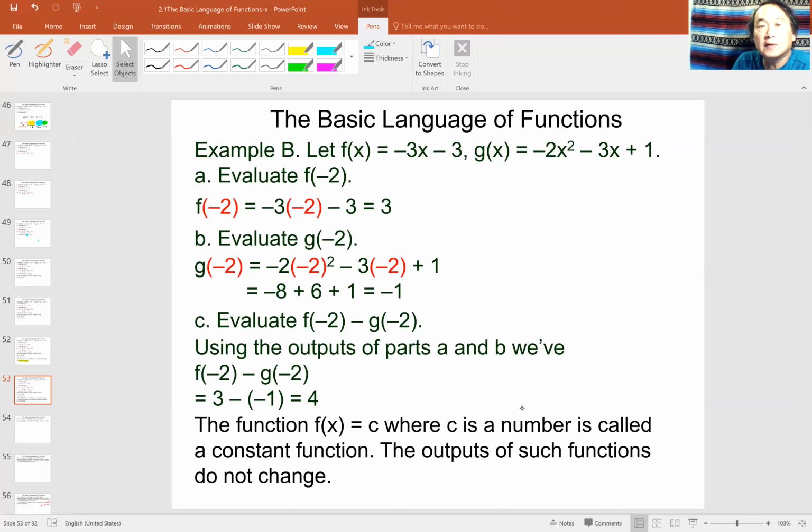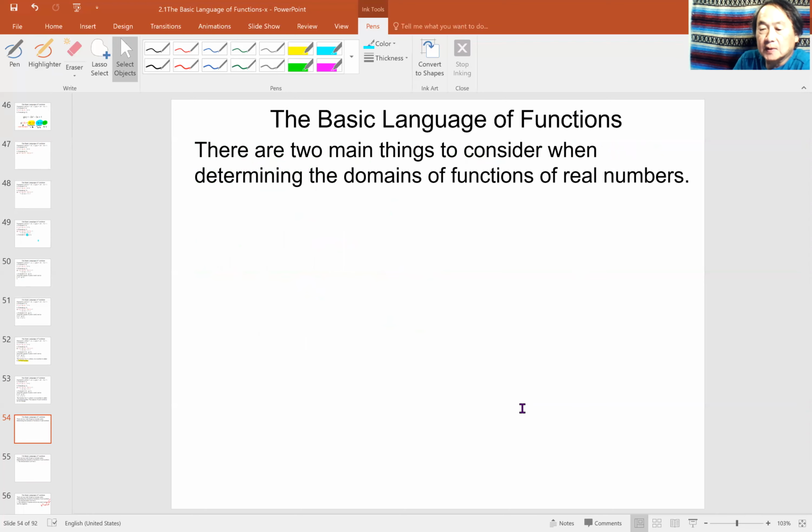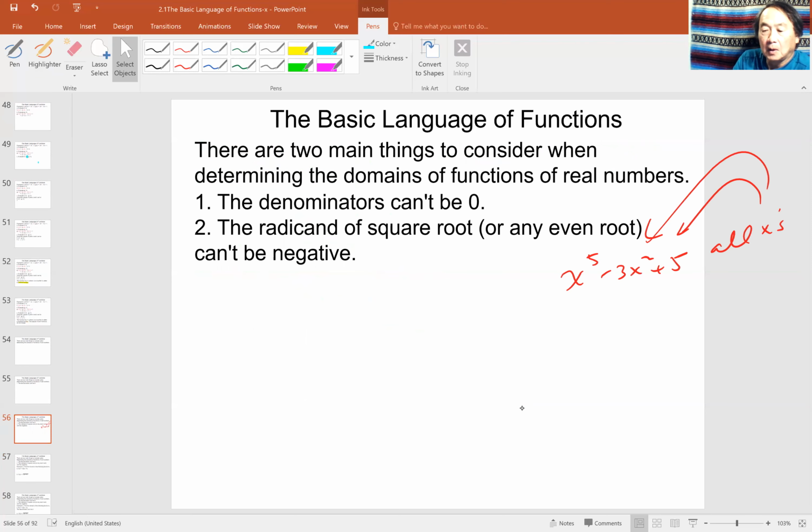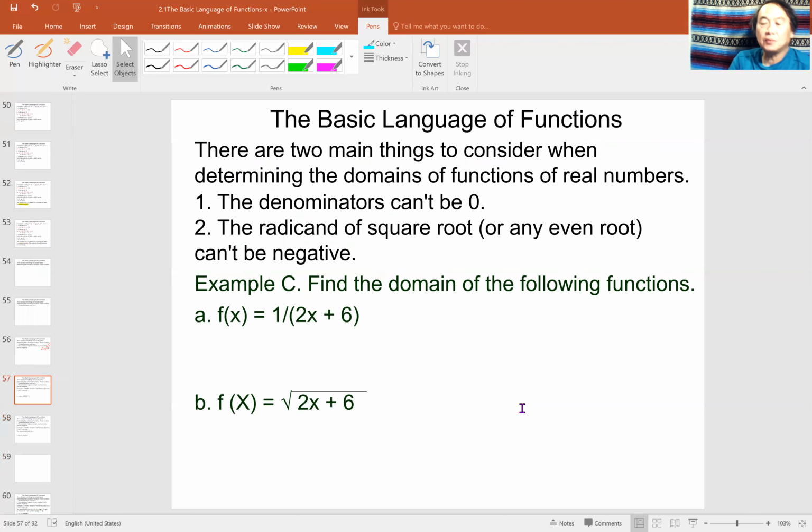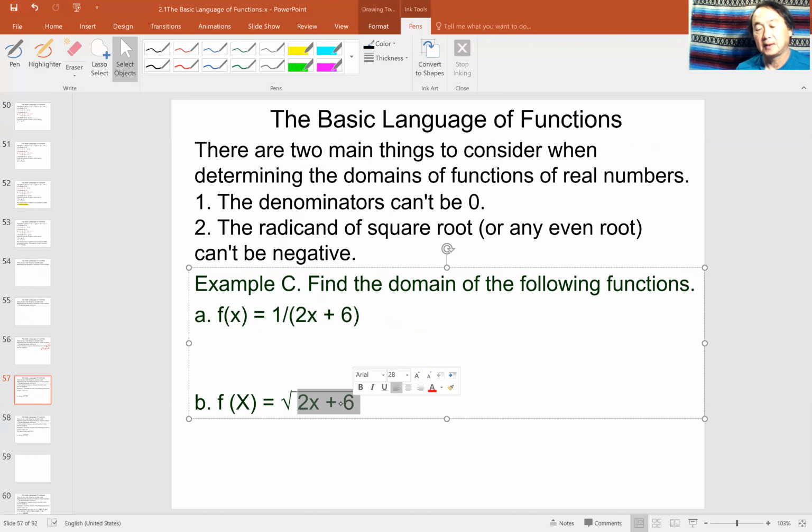And we can have a constant function, which will only produce a single number all the time. Domains: there are 2 kinds of formulas to watch. One is a fractional formula, where the denominator cannot be 0, and the other is square roots. In a square root, the radicand, the number being square rooted, has to be bigger than or equal to 0.